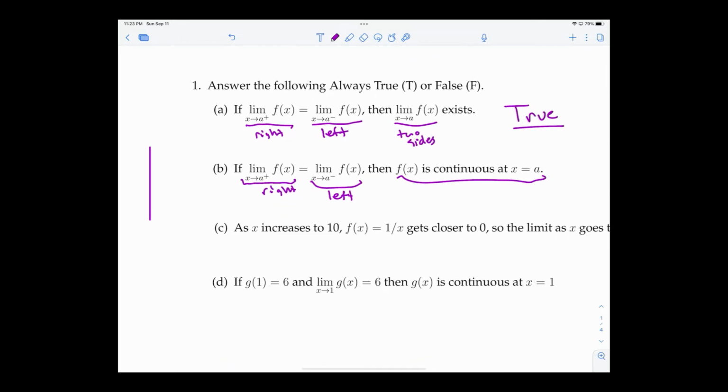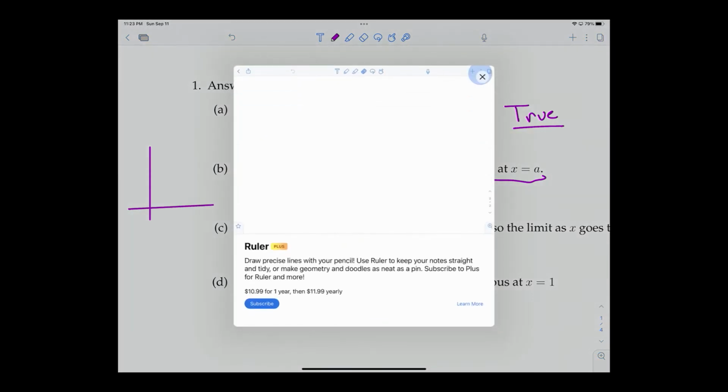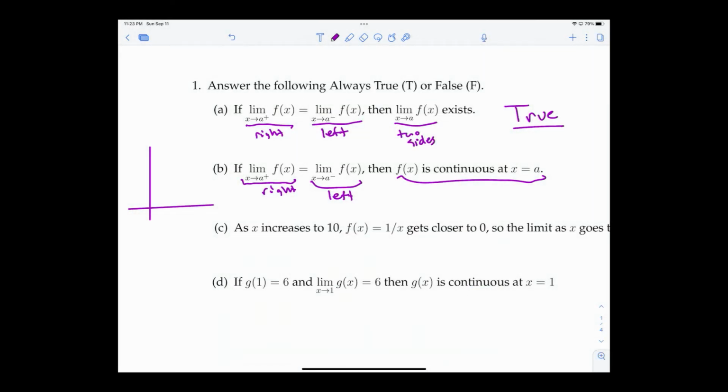Because if you have a picture like the one I'm about to draw, you can have this kind of picture right here, and I could put a dot up here or not. In this case, the right-hand limit and the left-hand limit point right at that hole, but this is not a continuous function because the actual function value is up here.